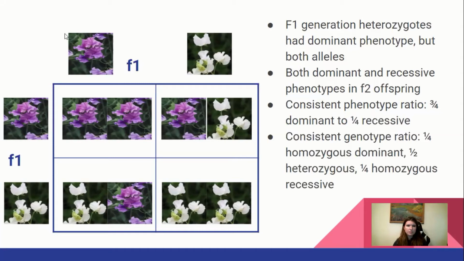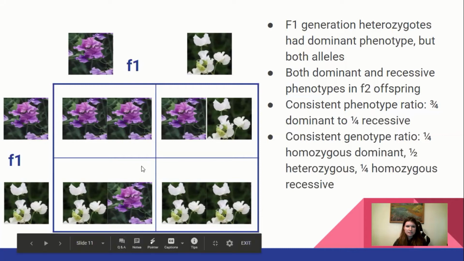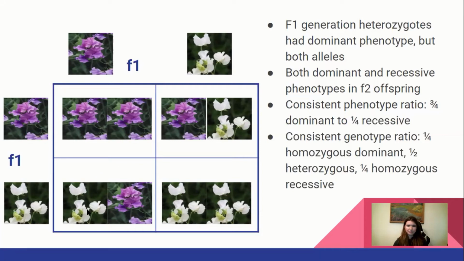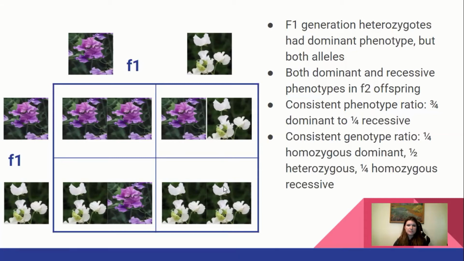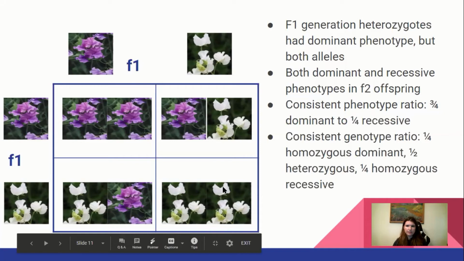So if we split out, make our fake zygotes, say a zygote gets a purple gene and a purple gene from the F1 parents, and these zygotes in our boxes are the F2 generation, we could end up with a homozygous dominant individual. If they get a purple and a white from either parent, they're heterozygous. So that's 50% here of the offspring. Or if they get two white genes, here we see 25% of the offspring.